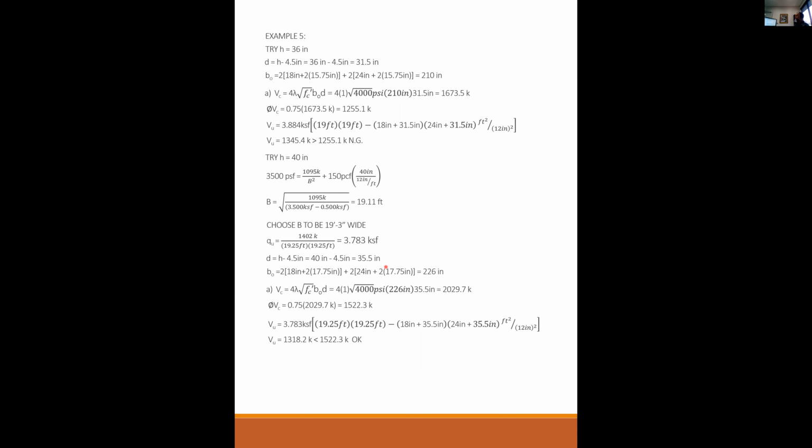First of all, it's not readily available to solve it directly. The first problem is you don't know if punching shear will control over one-way shear or vice versa. And quite frankly, these examples were created from real jobs, by the way. The column size was from a real job.